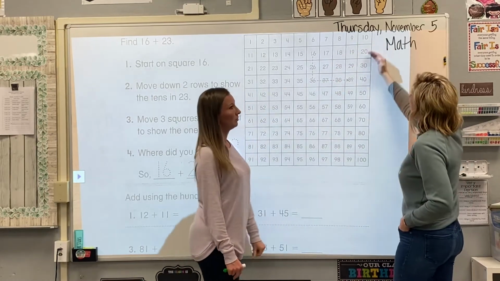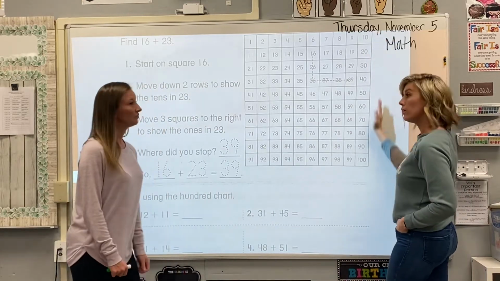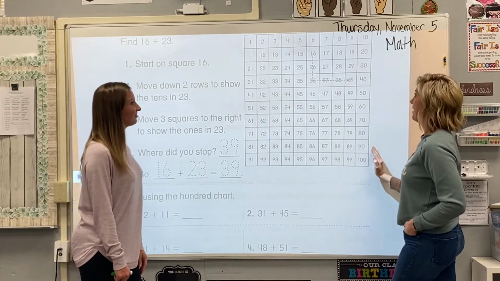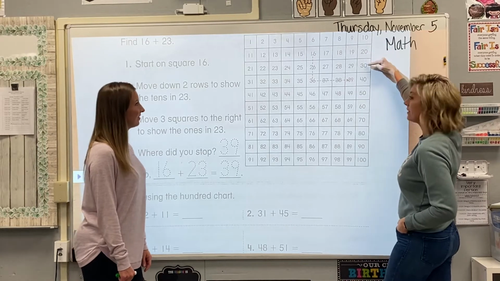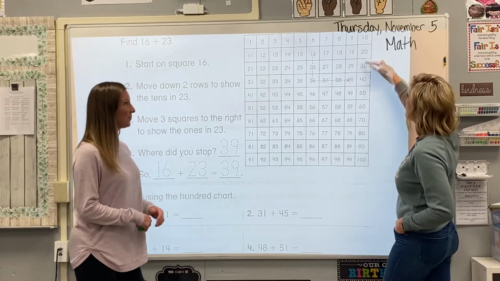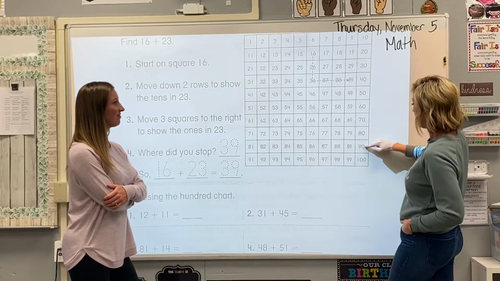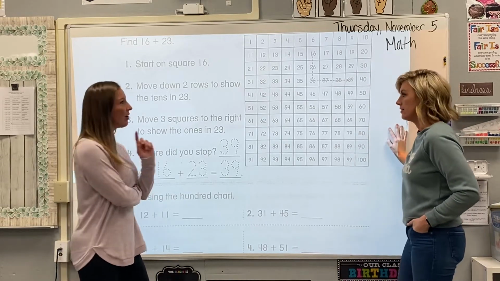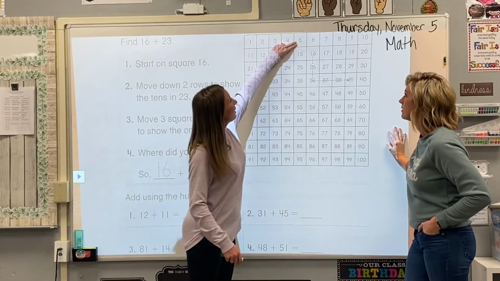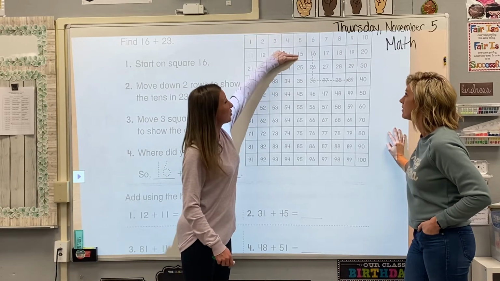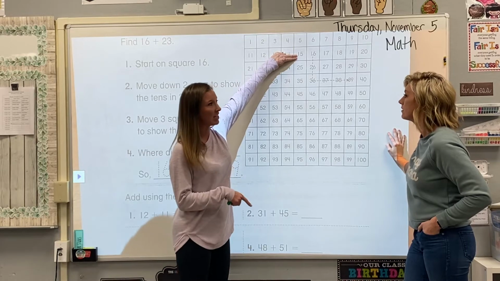I can. I notice that as I go down the columns, it increases by 10. So 10, 20, I can skip count by 10s all the way down. 10, 20, 30, 40, 50, 60, 70, 80, 90, 100. You got it. Now I have a question. Let's go to say number 5, for example. If I were to go down to the next row, am I still counting by 10s?